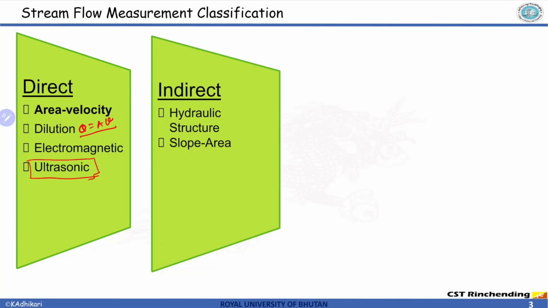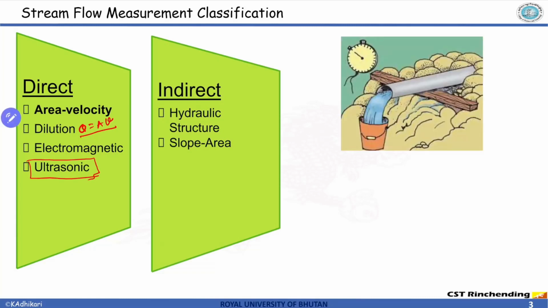Okay, and there are other honorary mentions here which are commonly seen across the country to do discharge measurement. Some of these techniques, I believe you must have learned in your primary classes. This particular technique, volume by time method, we have used in the fluid mechanics and hydraulics lab, right?